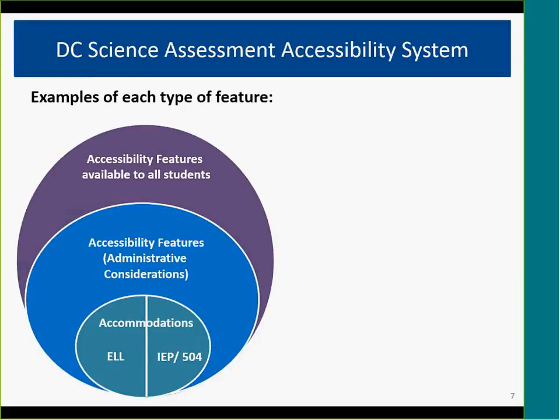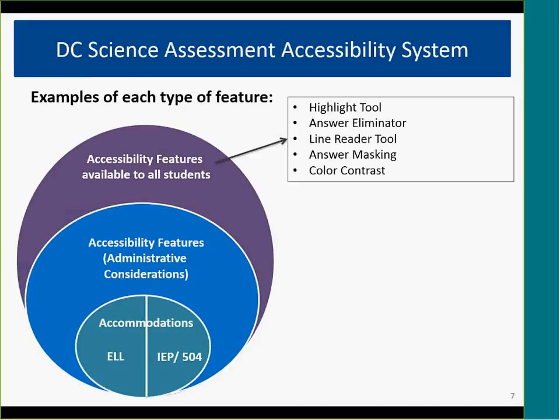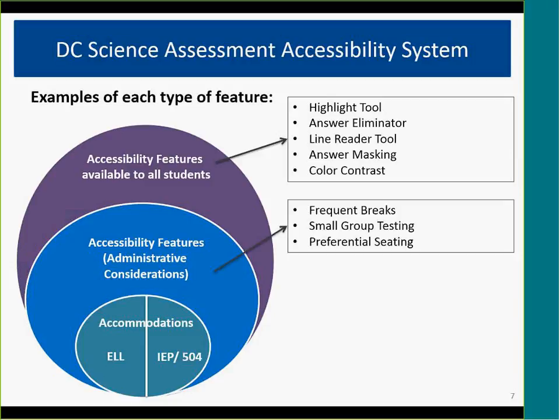Move to the next slide, going to some examples of each type of feature. Accessibility features available to all students on DC Science include highlighter tools, answer eliminator, line reader tools, answer masking, and color contrast. Next, we have administrative considerations, some examples of which are frequent breaks, small group testing, or preferential seating.